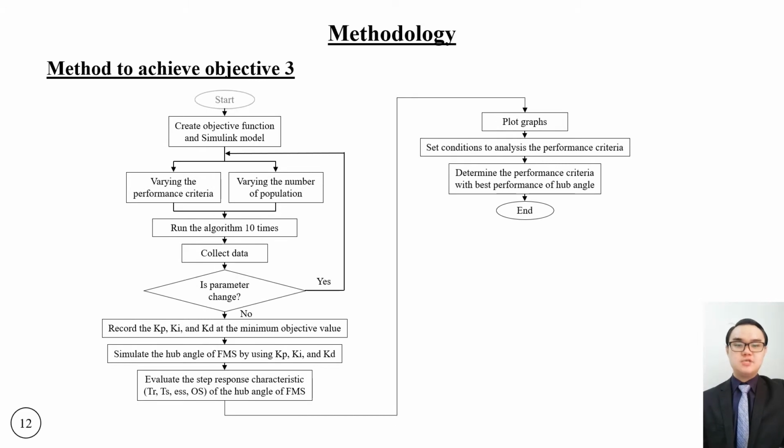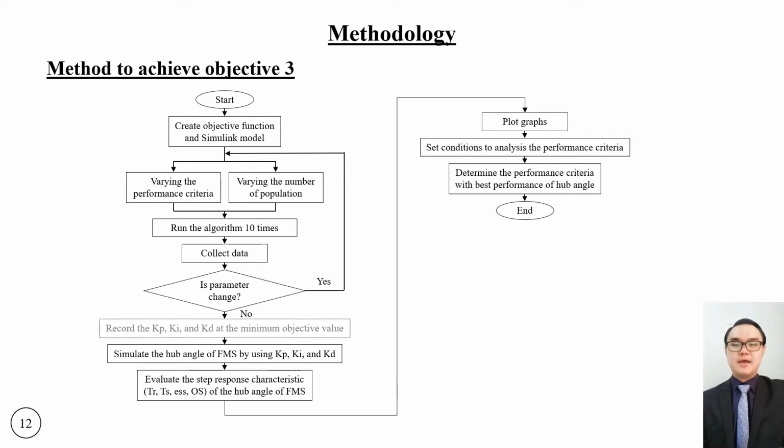To achieve the third objective in this project, the ABC algorithm is run in 10 independent runs using the objective function and a simulation model of the FMS that was created. The parameters are varied after each 10 independent runs. The data is collected for each set of 10 independent runs, and the results are tabulated according to the categories of parameters being varied.